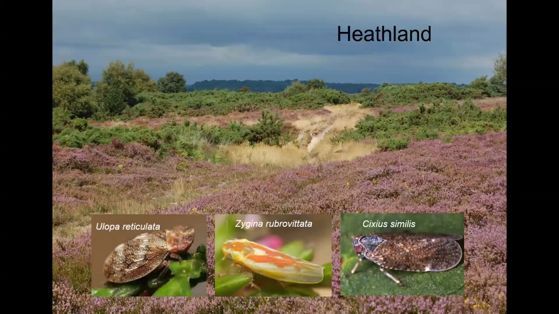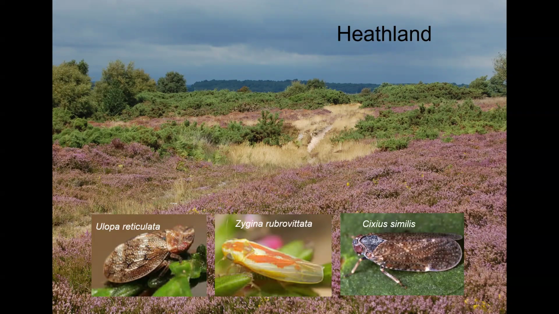And then heathland. Heathland's almost the opposite extreme, probably partly because it's a relatively species-poor habitat from the plant point of view. So perhaps not surprisingly, it's not very species rich from the hopper point of view either. But the species that do occur there are very distinctive and often very specific to heathland.